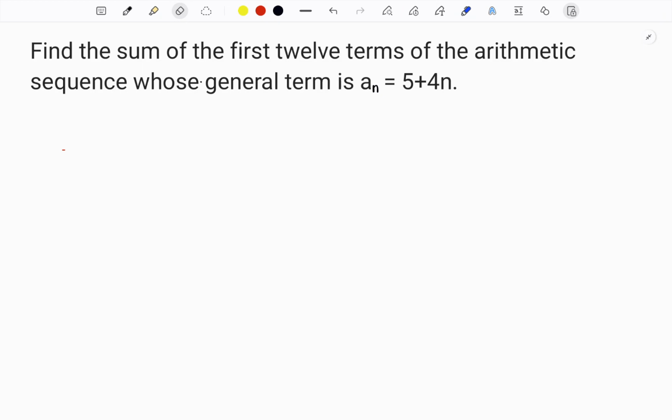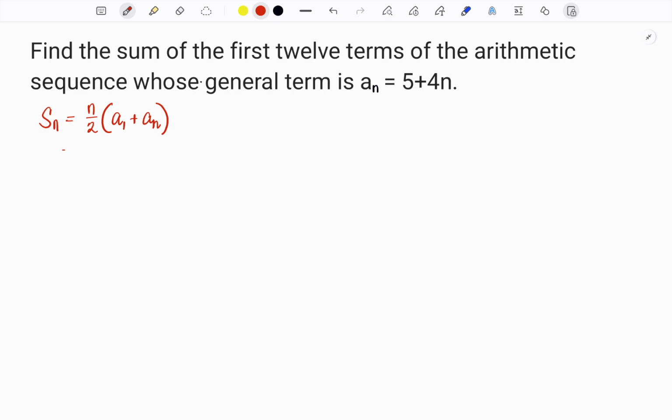And our first approach to solve this problem is by using the formula S sub n is equal to n over 2 times the quantity a sub 1 plus a sub n. And to use this formula, we need three things.